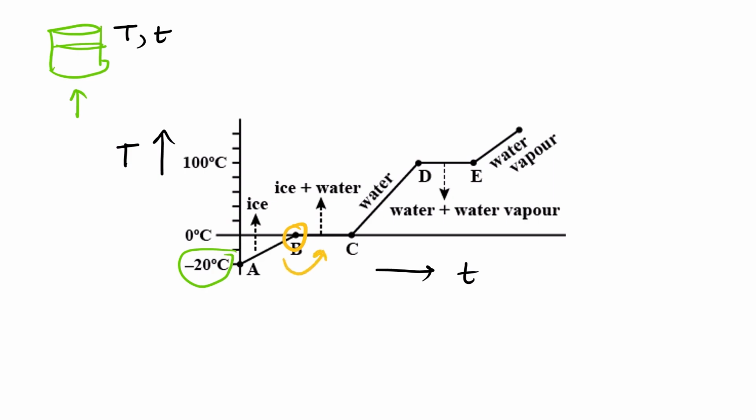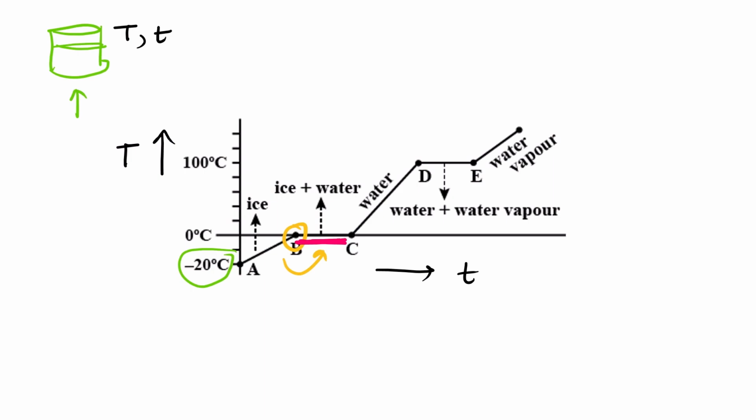There will be a phase change. Since there is a phase change, you can see that the temperature will not rise. All the heat will be absorbed, and it will be used in the latent heat of fusion that will convert ice to water.